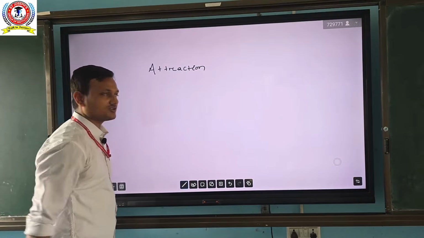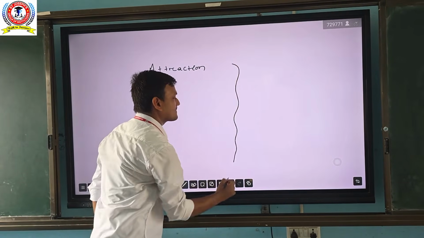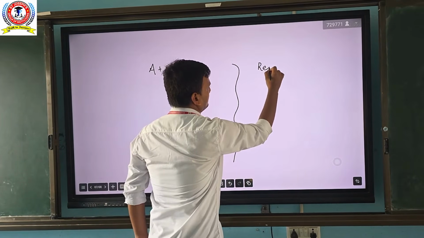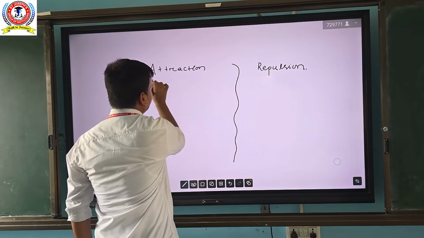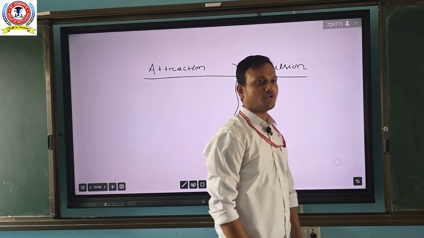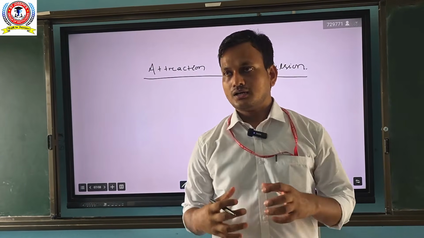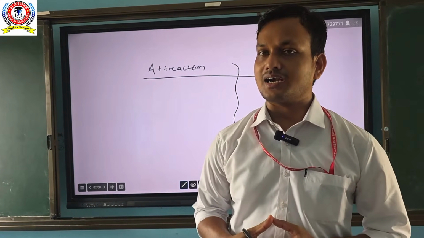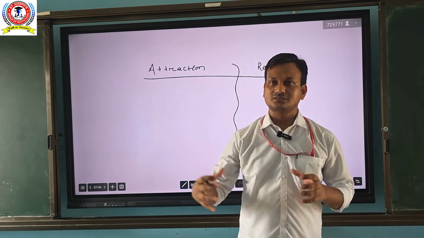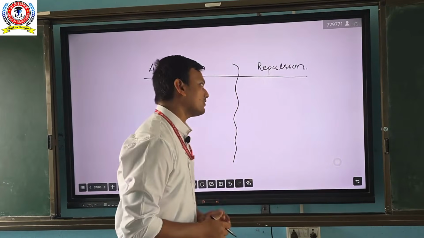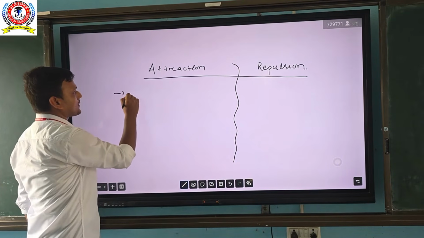This is your attraction, and another point is repulsion. And a very small thing, we know that opposite charges attract each other, and same charges or like charges repel each other.